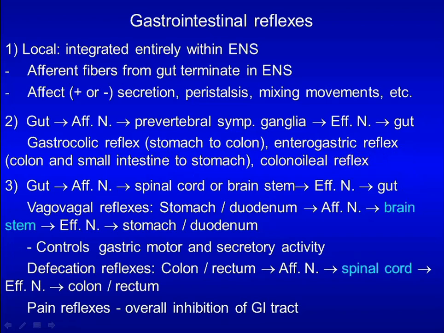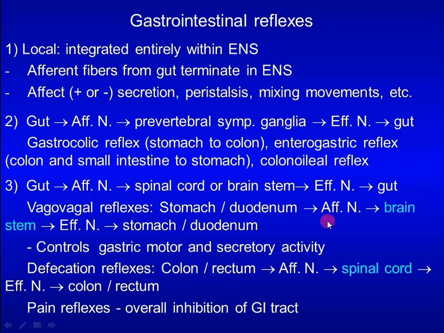The third type is reflexes that transmit signal from the gut through afferent sensory nerves and spinal cord or brain stem, and then back to the gut. Examples include vagovagal reflexes that control gastric motility and secretion.